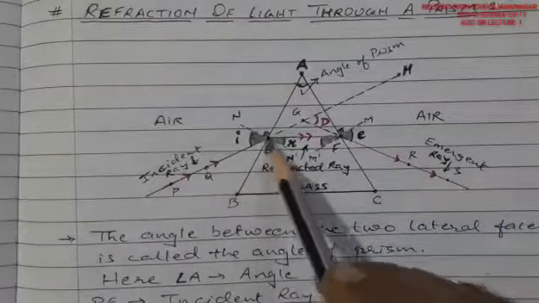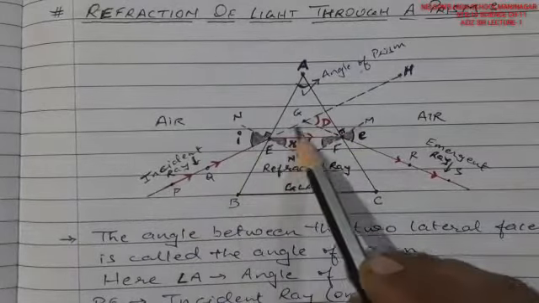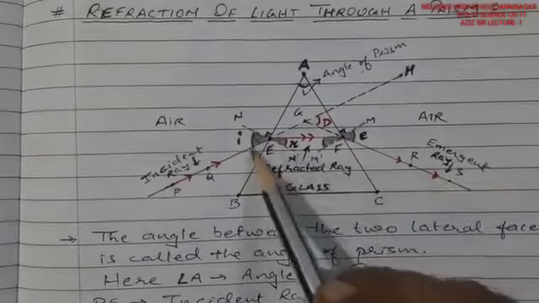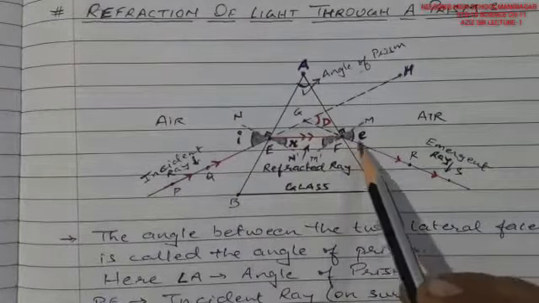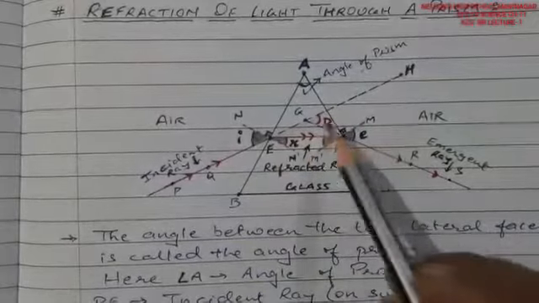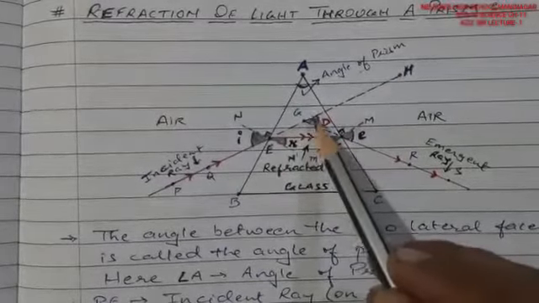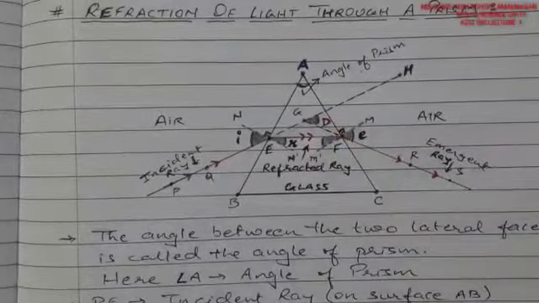So actually the ray should have deviated like this. So this deviation between the incident ray and the emergent ray is called an angle of deviation. I'll darken it: D is the angle of deviation.